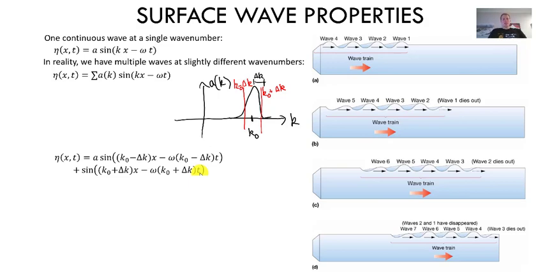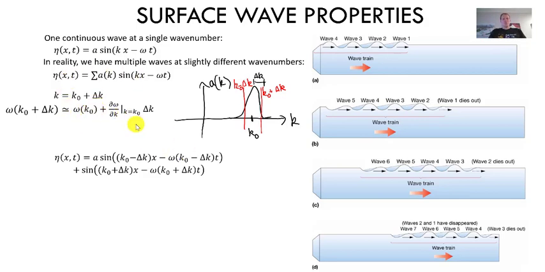And we can expand those things out. So this frequency at k0 minus delta k, we can approximate as the frequency at k0 plus the change in frequency with wave number times the change in wave number, delta k. So this is just a linear expansion of the dispersion relation, this function omega of k.